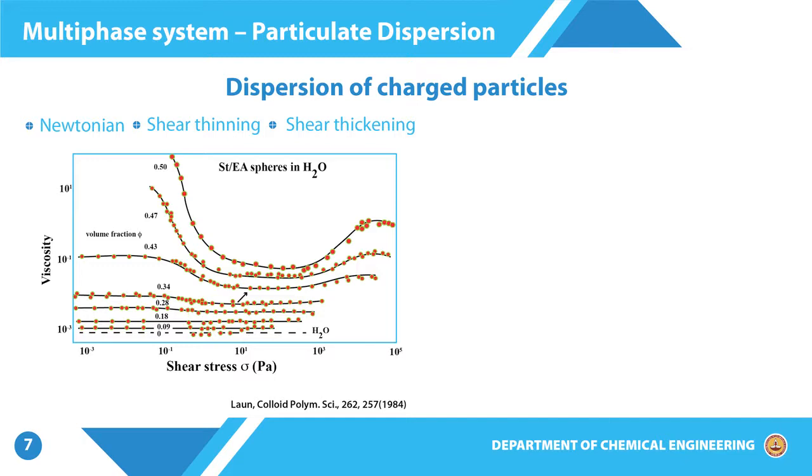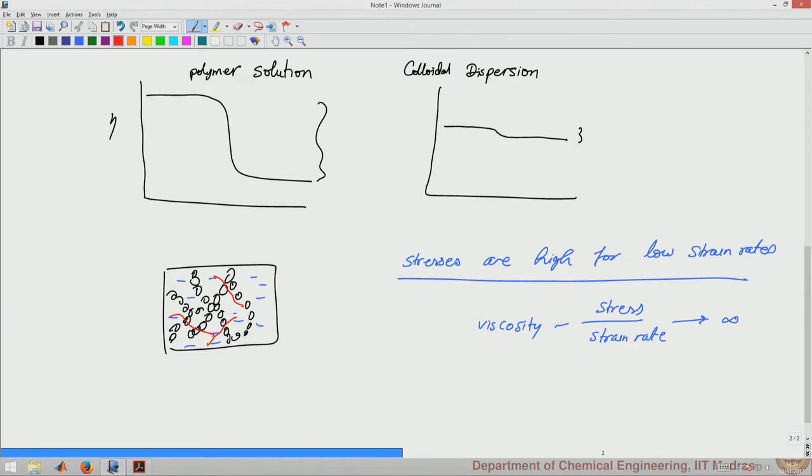But as the strain rate on the material is increased or the stress on the material is increased, it is possible for the percolated structure to give way, and therefore, some of these clusters would break down, and now we have smaller clusters which can flow more easily.